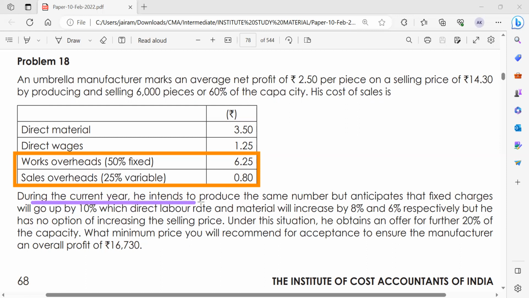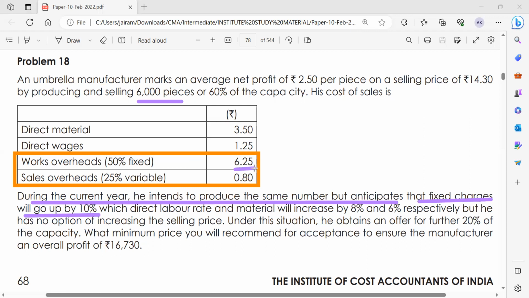During the current year, he intends to produce the same number, that is 6,000 pieces only, but anticipates that fixed charges will go up by 10%. So how will we get fixed overheads? By separating this out of 6.25, 50% is fixed.